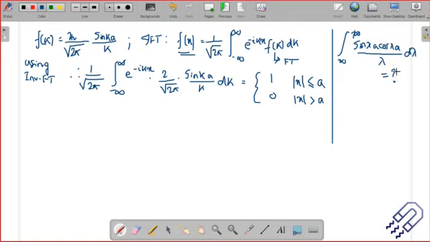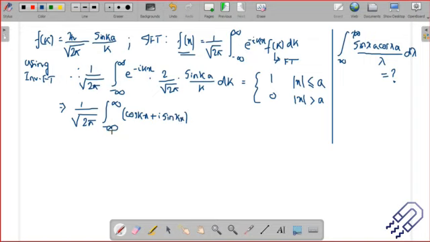For that, we are going to look at this here, and we'll just break it up. This is actually a trick which you can use in a number of sums when you are asked to evaluate. Sometimes they will say show that, and there also you have to use the inverse Fourier transform and so on. So here, e to the power minus i kx can be written as cos of kx plus i sine of kx.